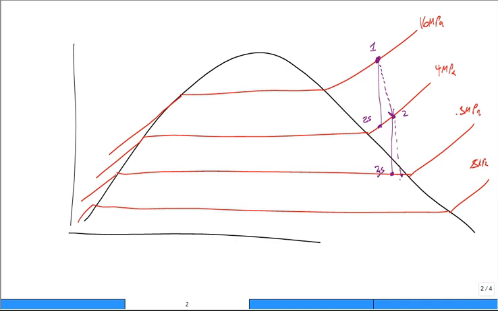Maybe it's still in the two-phase region. Maybe 3s was two-phase high quality, but 3 actual is superheated. You don't know. Depends how much it kicks it out. Then we expand down to 4s, but then we find you're at 4 actual.